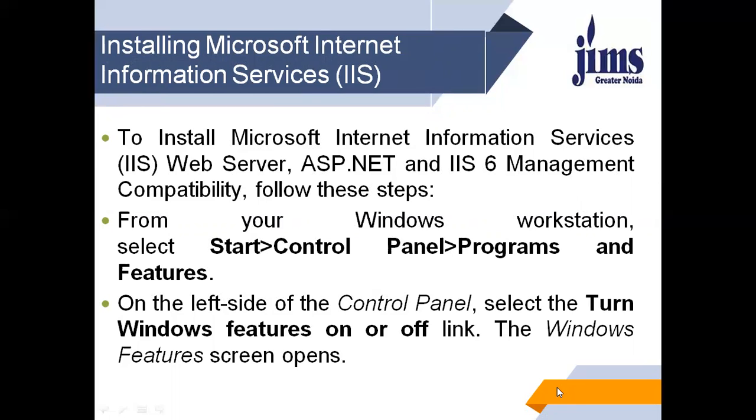From your Windows workstation, select Start, Control Panel, Programs and Features. On the left-hand side of the control panel, select the Turn Windows features on or off link. The Windows Features screen opens.